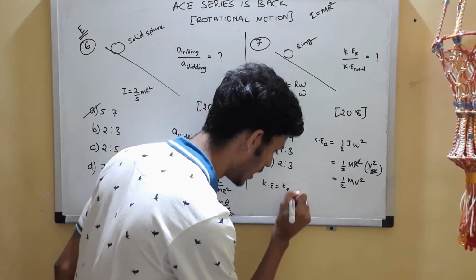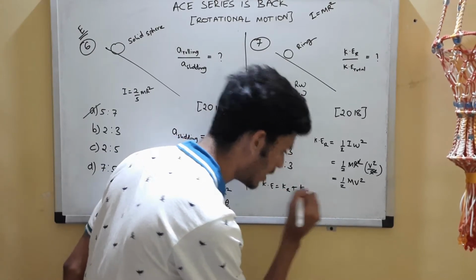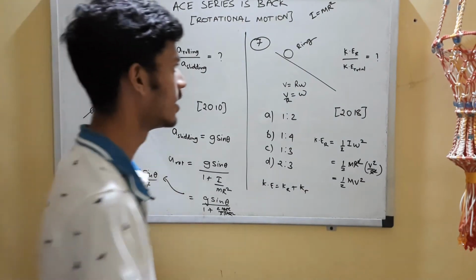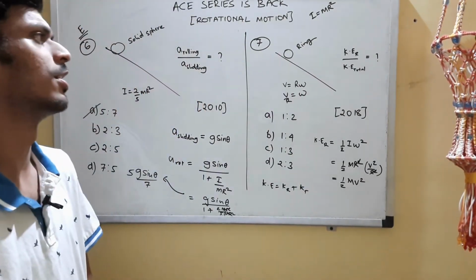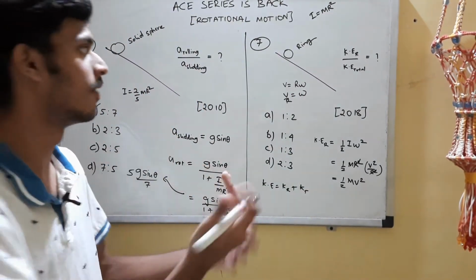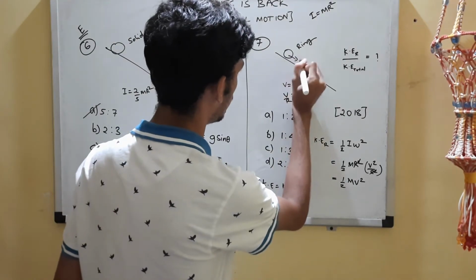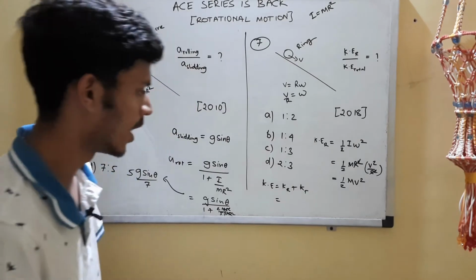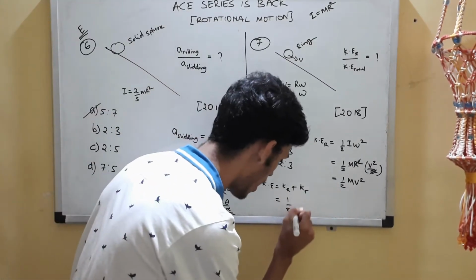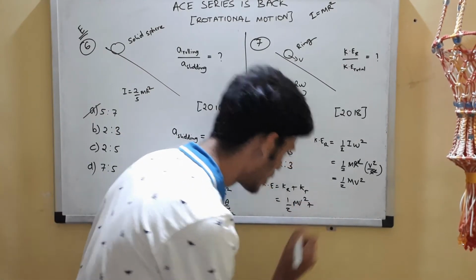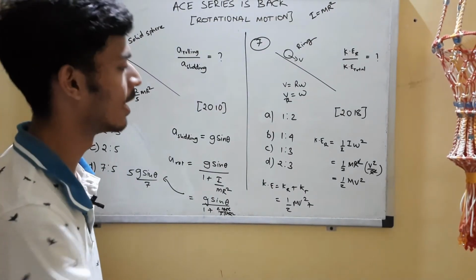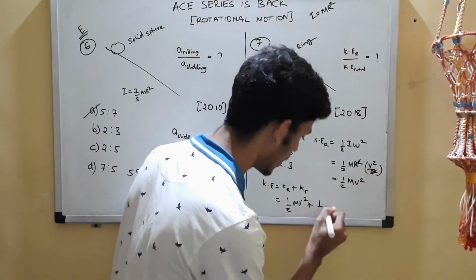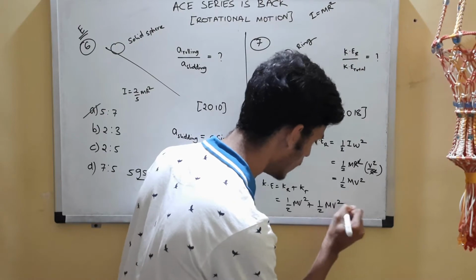And for the total kinetic energy, the total kinetic energy basically is the rotational kinetic energy plus the translational kinetic energy. This ring will also have, suppose it has some velocity v, some translational velocity v. So the rotational kinetic energy, you already know it as half mv square, plus the translational kinetic energy, which is half mv square.